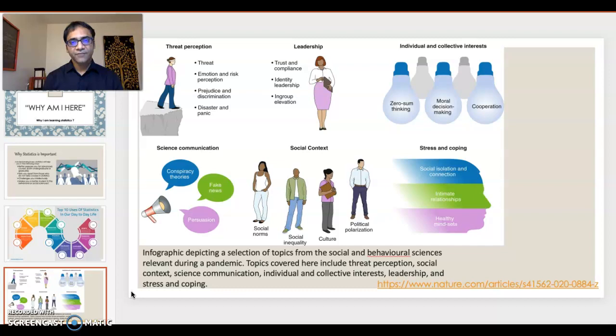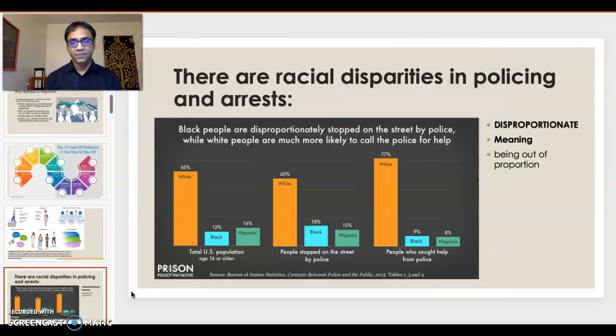In all these different fields, statistics is extremely important. There can be social scientific research where we need to understand all these areas, and statistics is one of the core aspects of doing any research in any of them.